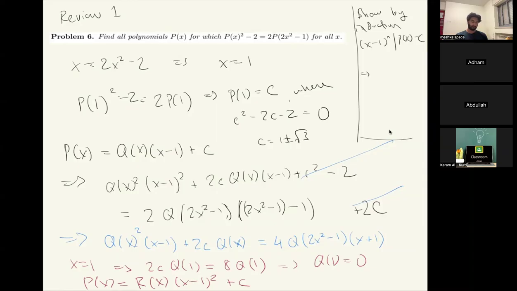And so it follows that p of x minus c is 0, and so the polynomial is constant. So there's two solutions: p of x equals either 1 plus root 3 or p of x equals 1 minus root 3. And both of those work. Okay. Great. So any questions?